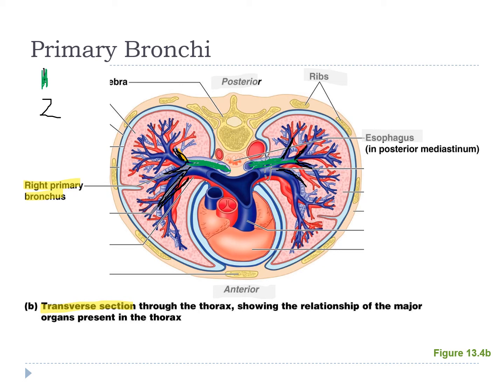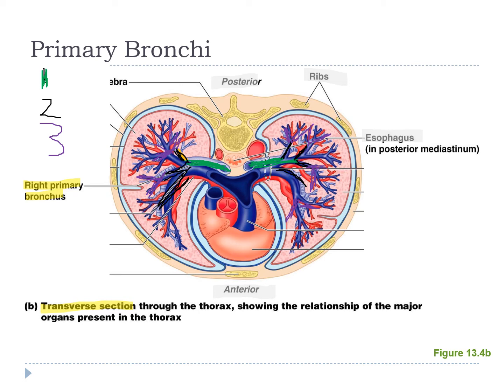Then we have what are called tertiary bronchi. So those are the branches that come off the secondary bronchi. Okay, and on and on and on we have these branches. So each level of branch gets smaller.